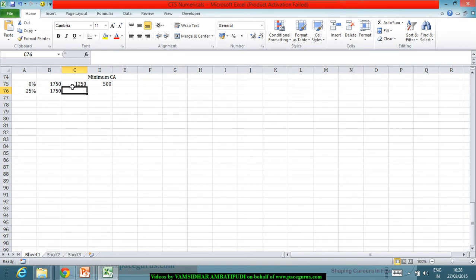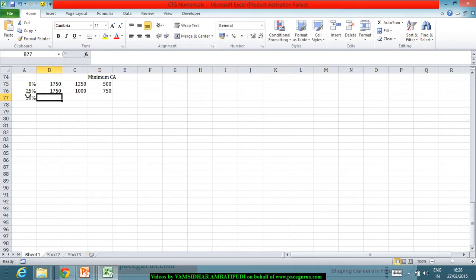But if he is not making any kind of claims in this year, his premium is going to be 500 in the next year and even 500 in the year after that also. So a person who is at 25% level will make a claim only if the cost of repairs is greater than 750, because if he is reporting it, automatically his premium is increasing by 750 bucks.